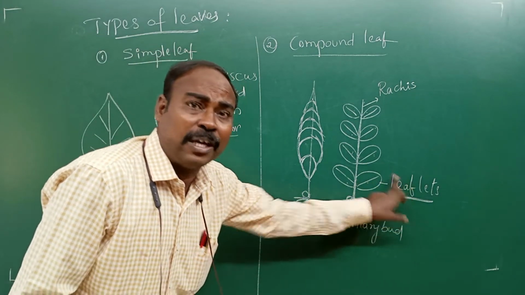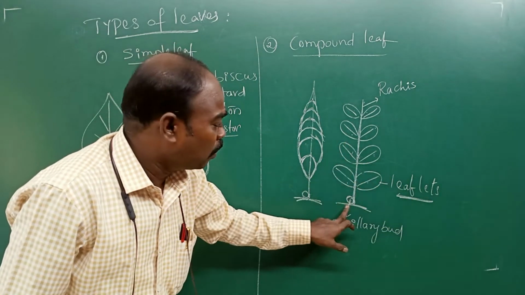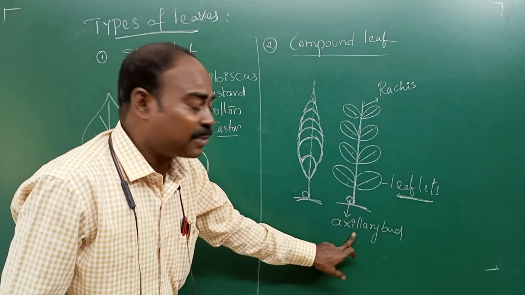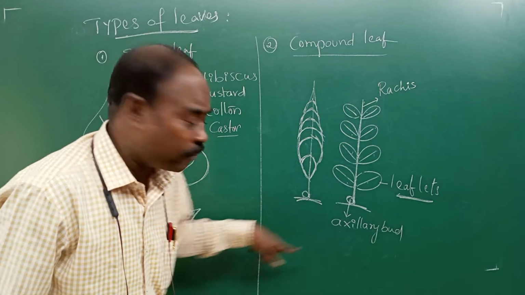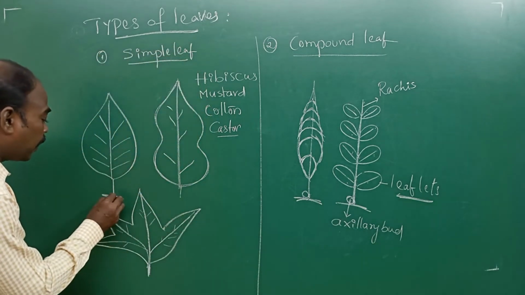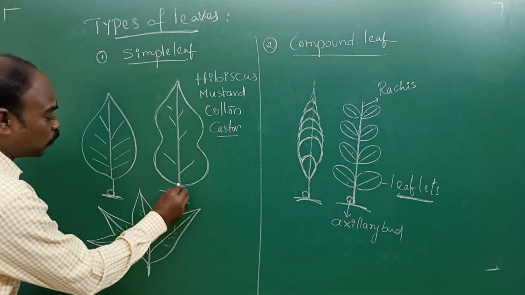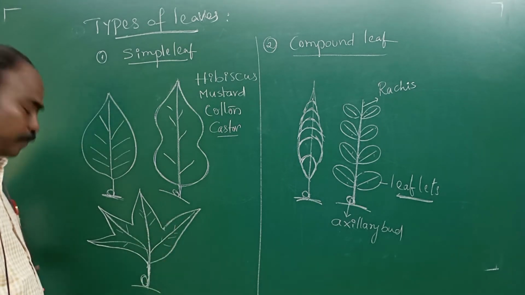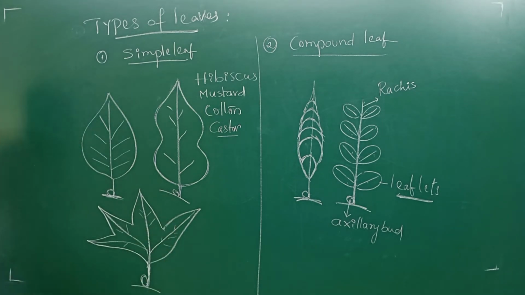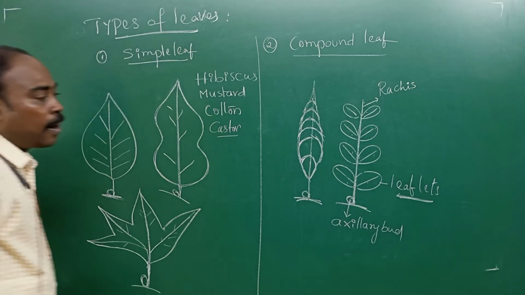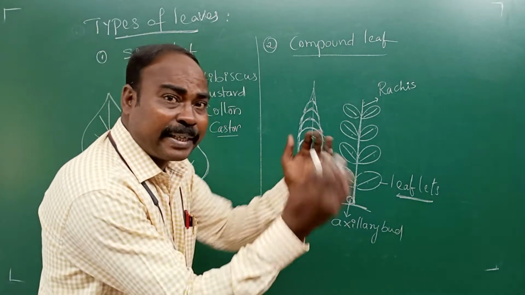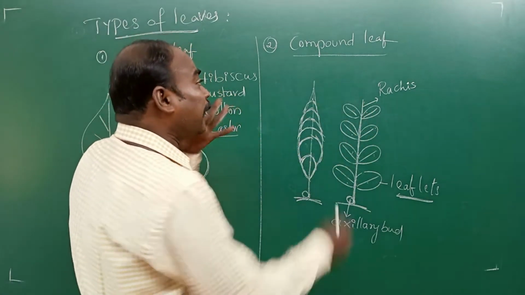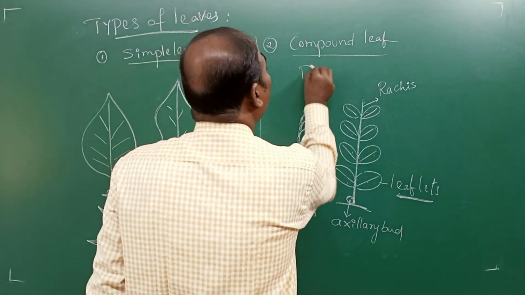So in the axil of a leaflet there is no axillary bud. Only at the main petiole or rachis is the axillary bud found in a compound leaf. Like this, the leaflets are present on either side. Such compound leaves are called pinnate compound leaves.